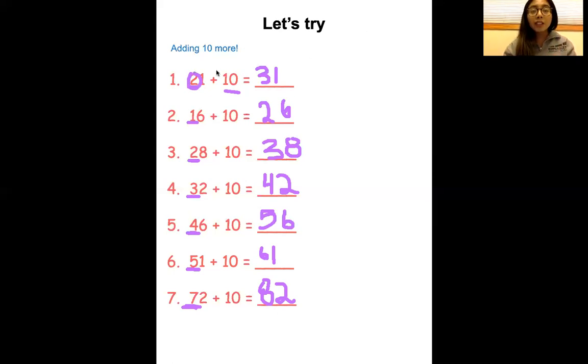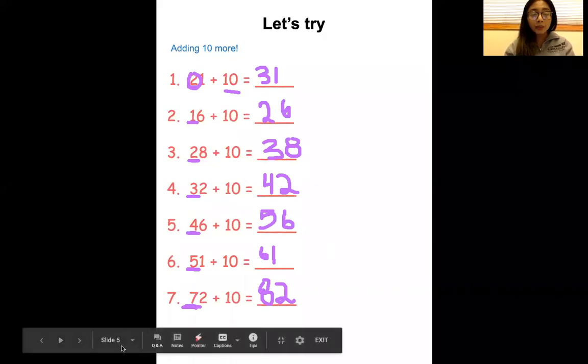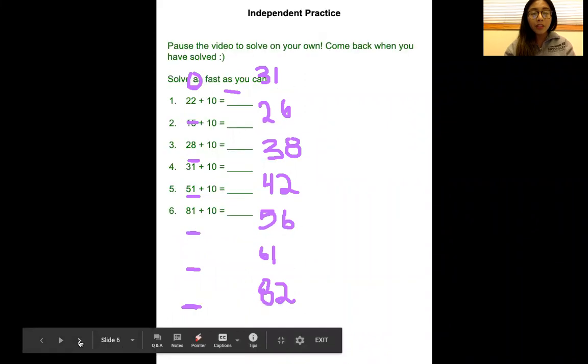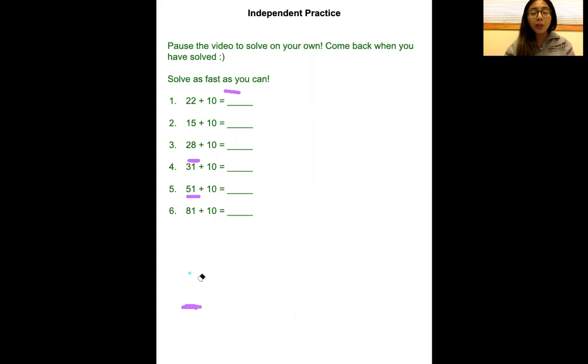Right? Let's see if we can do these next ones all by ourselves. So I'm going to erase this so that we can see if you can solve these all by yourself. So let's look at the very first problem. 22 plus 10.